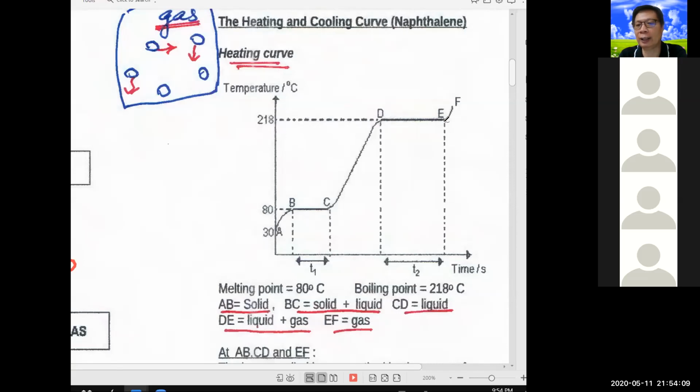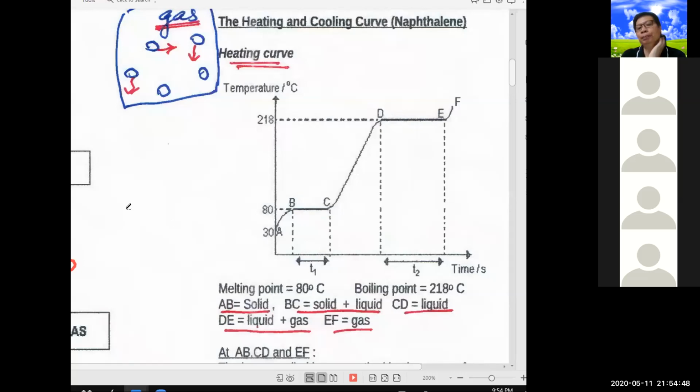Here there is liquid and gas, so part of it still remains liquid and another part has changed to gas. Until here, all has changed to gas, and then the temperature continues to go up. So here is solid, BC is solid and liquid, CD all liquid, DE liquid and gas mixed, then all gas. You understand the graph?